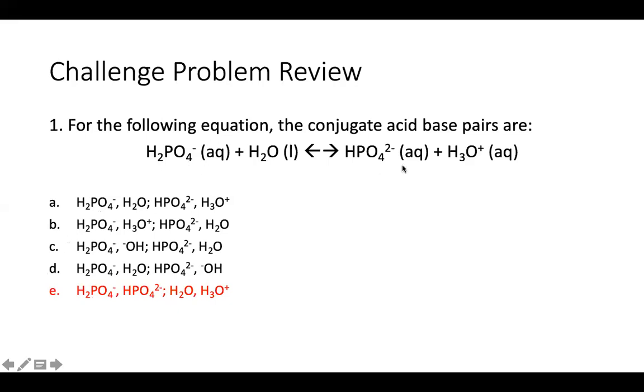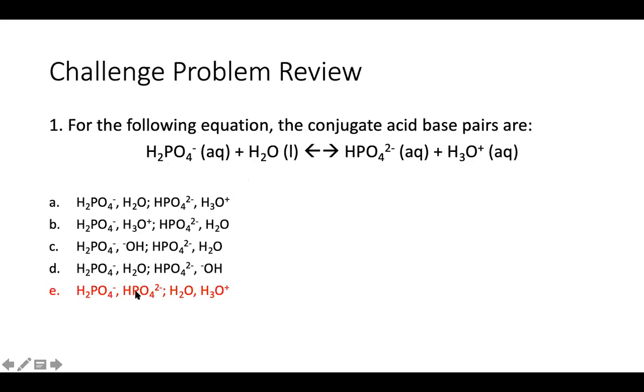So to find my conjugate base, I'm going to look on my product side. Remember, our conjugate base is just our acid after that hydrogen has been lost. Once we take a hydrogen away from dihydrogen phosphate, it becomes hydrogen phosphate. So it should be H2PO4 minus paired with HPO4 2 minus. And so that's our acid and our conjugate base.